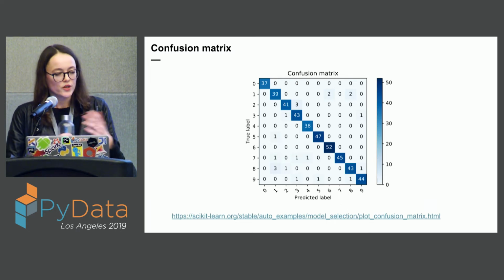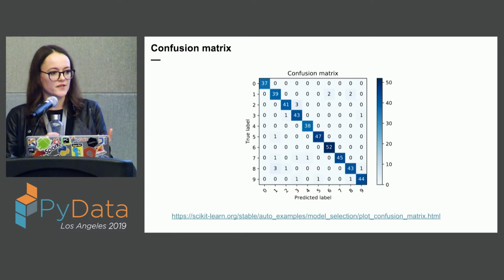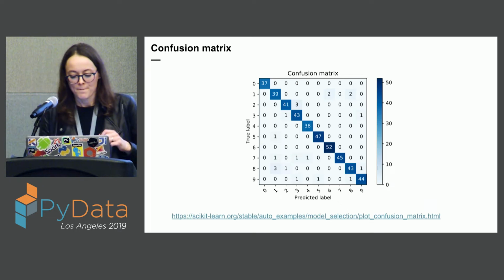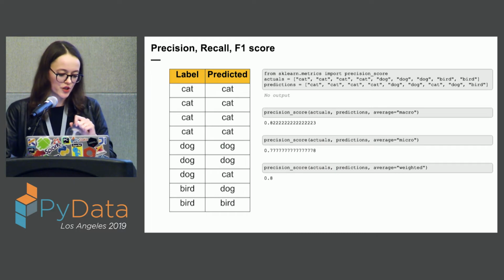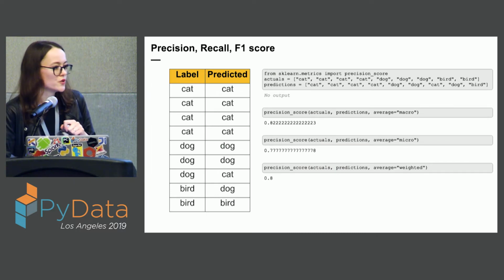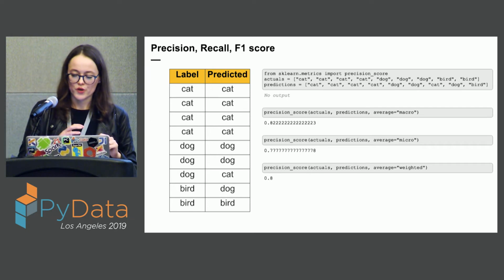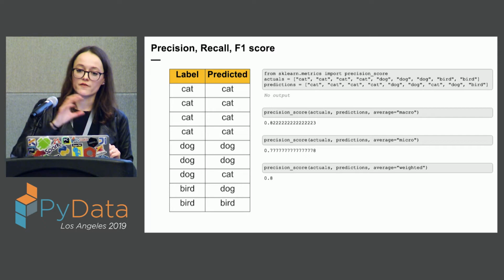But now we don't really have the notion of true positive and negative. It's no longer a binary problem. But we can calculate metrics such as precision, recall, and F1 score. To do that, we need to treat the problem as a collection of binary problems, one versus all.